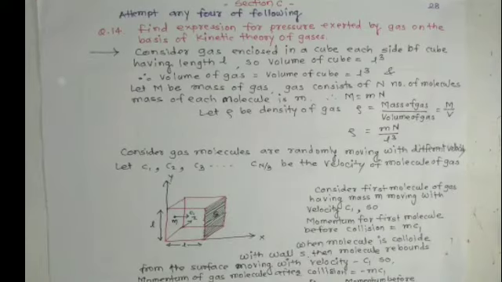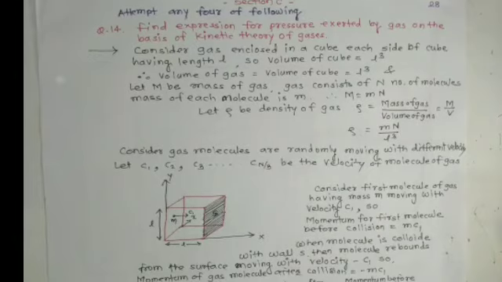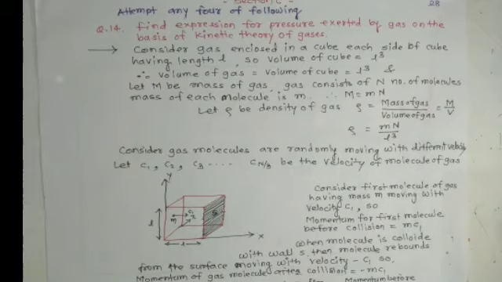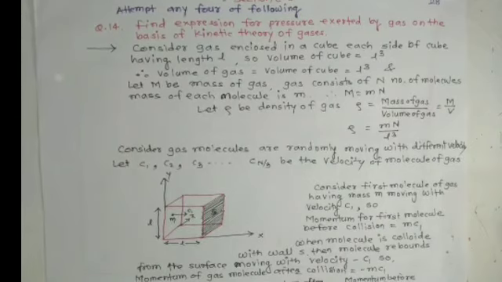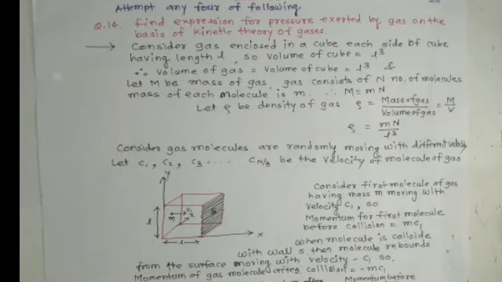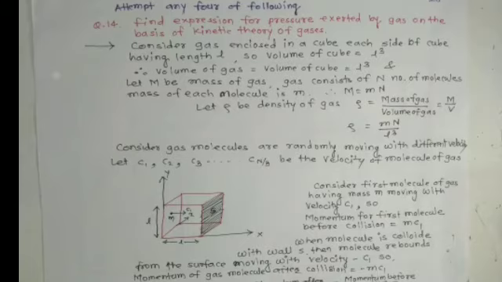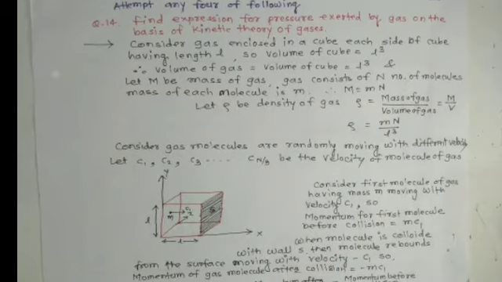Section C. Attempt any 4 of the following. In section C, first we see question number 14. The question is: find the expression for pressure exerted by a gas on the basis of the kinetic theory of gases.